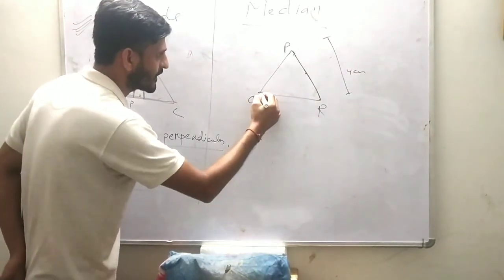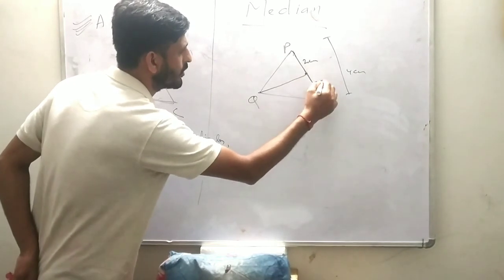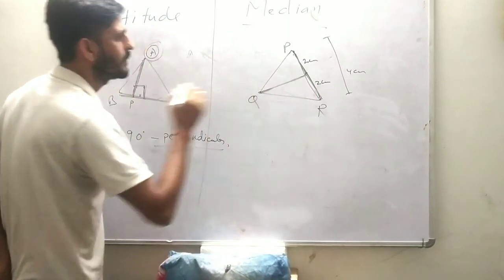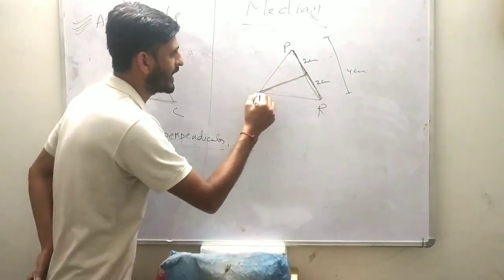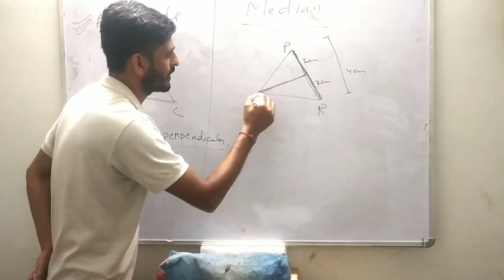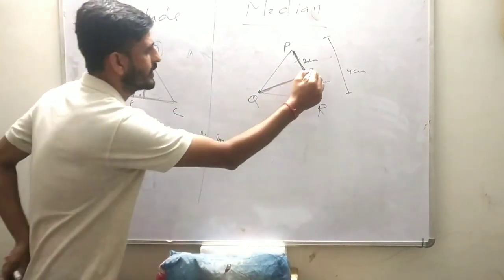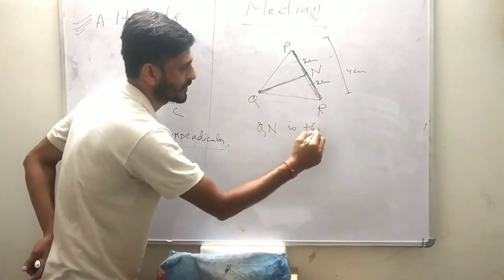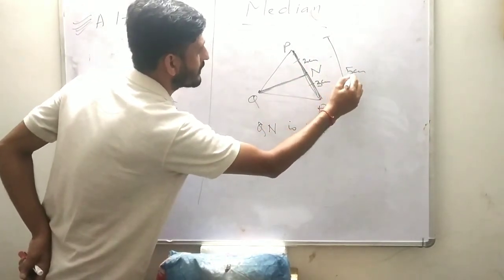If you join such a point that it divides the line into two equal parts, this is known as the median of the triangle. If this line divides the opposite side of the vertex into two equal parts, it is called the median. So here QN is the median. Suppose it is 3 centimeters and 2 centimeters, and the line is 5 centimeters.